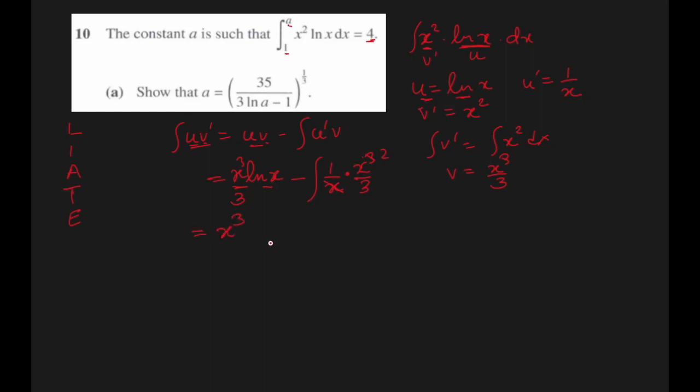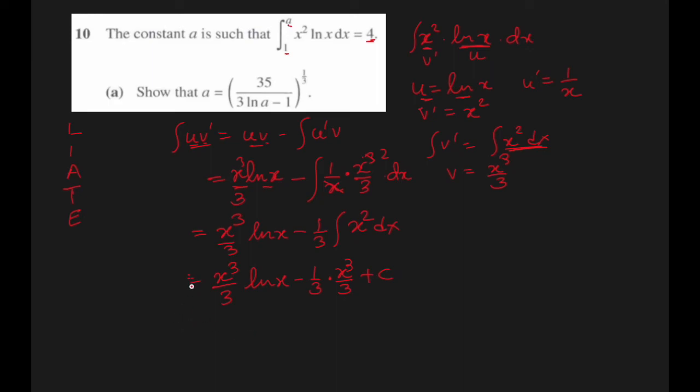X cube over 3 ln x minus 1 over 3. I'm taking this 3 out because it's constant, so I'll write just x square dx here. And x square dx is already integrated, so it will be equal to x cube over 3 ln x minus 1 over 3 times x cube over 3, and plus c.